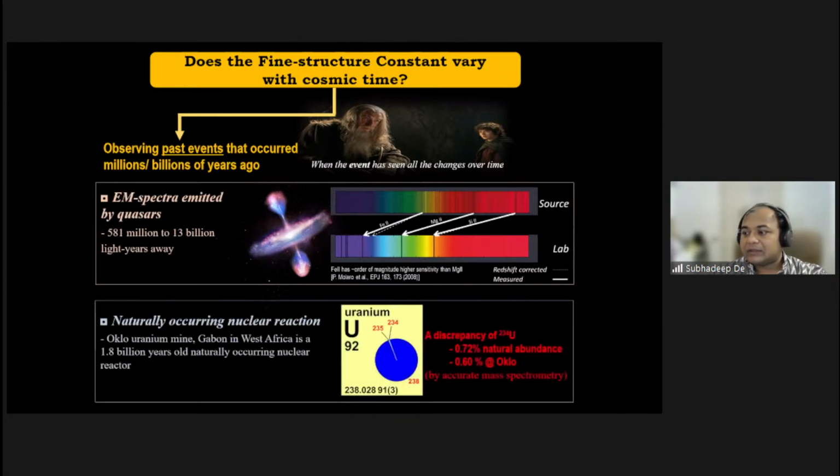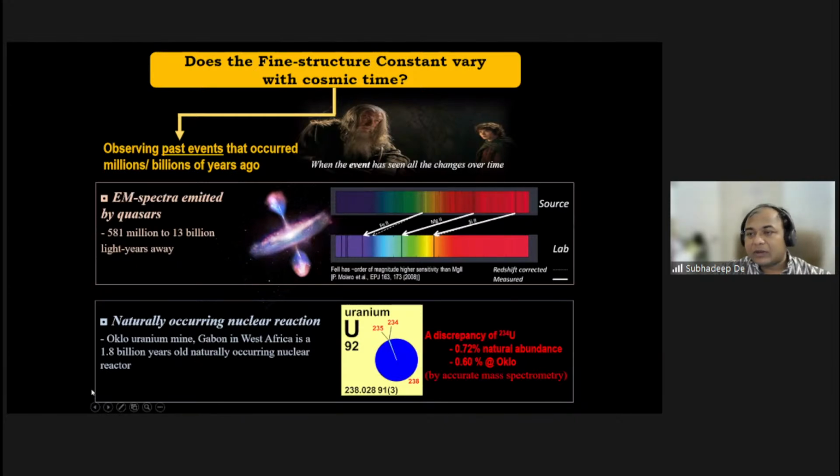The other thing is looking into natural nuclear reactions, because natural nuclear reactions happen over a very, very long period of time, not like man-made nuclear reactions, which are very controlled and you can stop them, but natural nuclear reactions cannot be stopped.